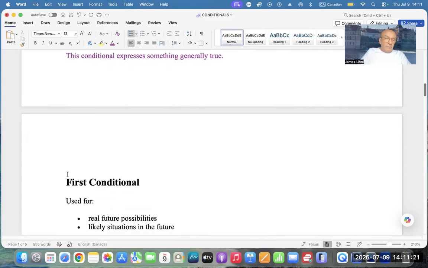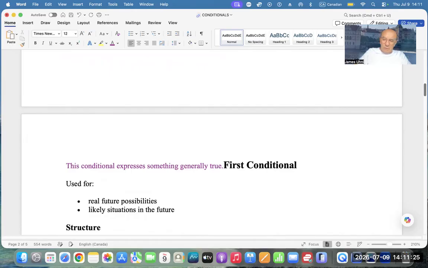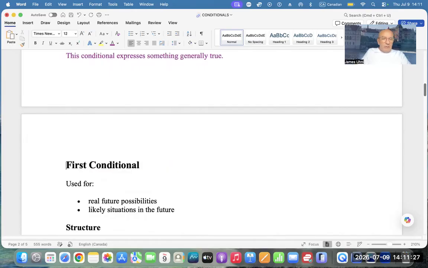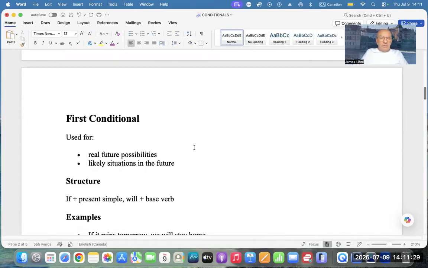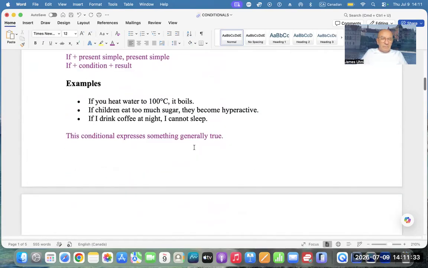If we go to first conditional, then first conditional is what color? I believe it's green. Yes, it is.